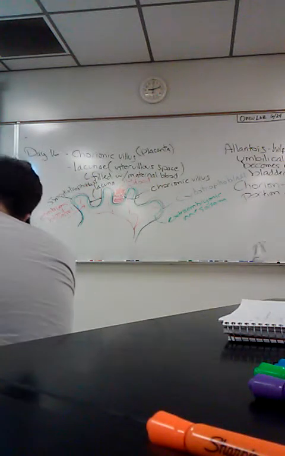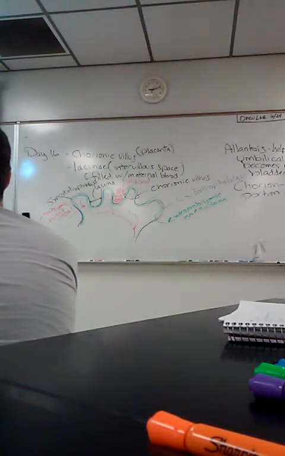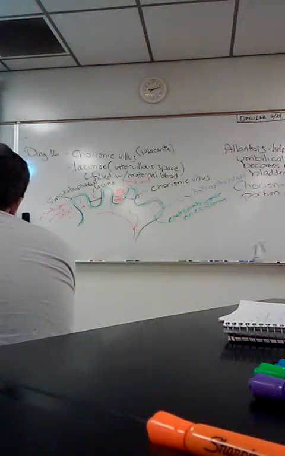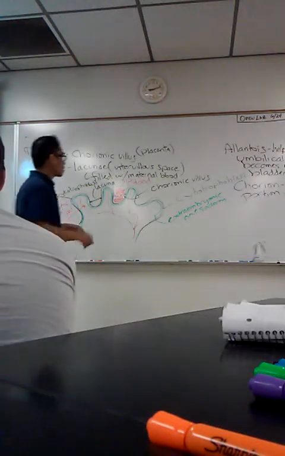Formed by the chorionic villi of the embryo and the decidua basalis of the endometrium of mother. That is the placenta point right there. You have it in your notes, just all spread out.